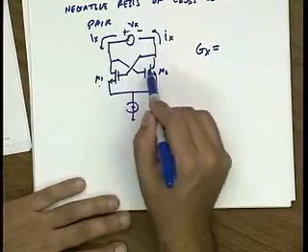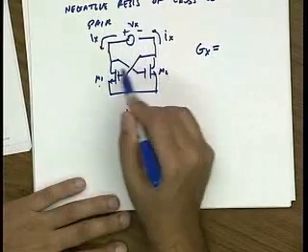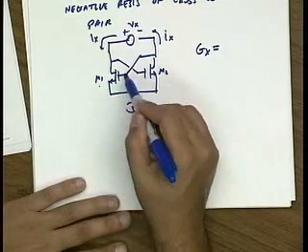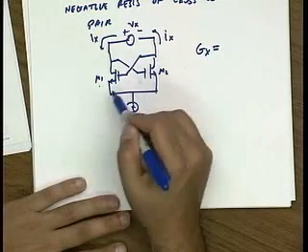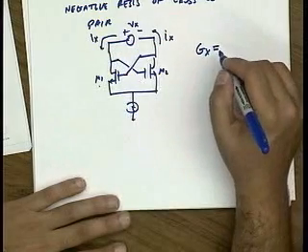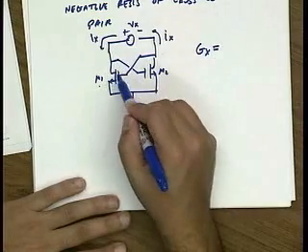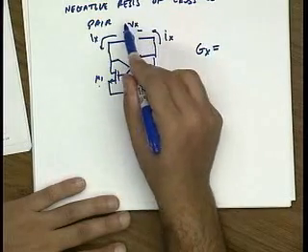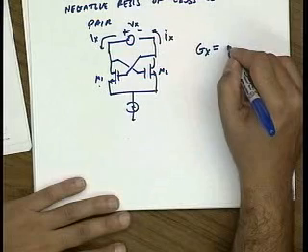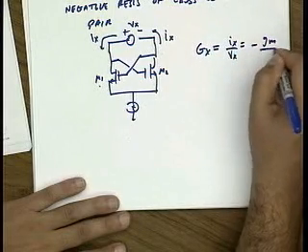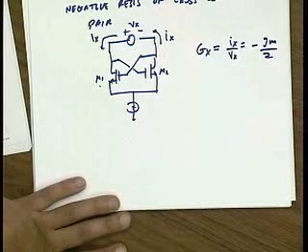So Vx gets applied across M1, M2 in series, and so half of it applies here, half of it applies here. The VGS of this device, therefore, is Vx over 2, and the current is Gm times that. So the net result is that because this guy is connected to the negative terminal, its current actually flows in the other direction, and the net result is that we get a negative resistance. Okay?